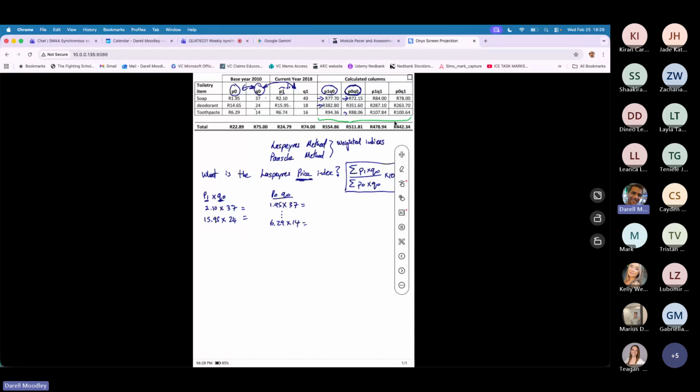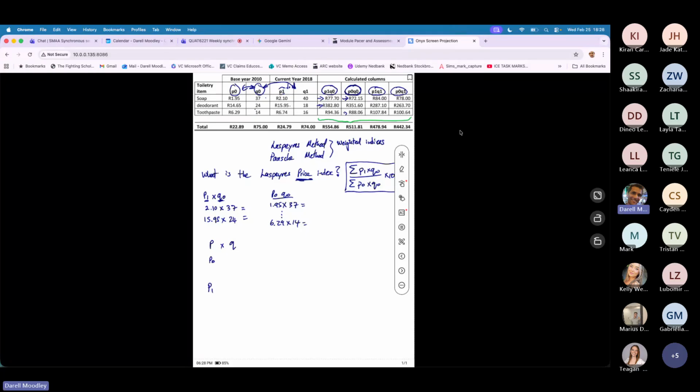This will be the P1 column times the Q1 column, and then lastly, the P0 times the Q1. So how do you know which columns to multiply? Remember, you have P0, which needs to be paired with the different quantities. You'll always have a price paired with a quantity. You have P0 and you have P1.